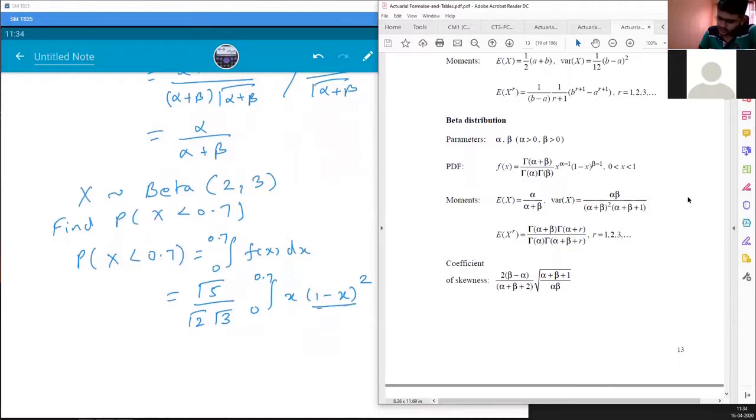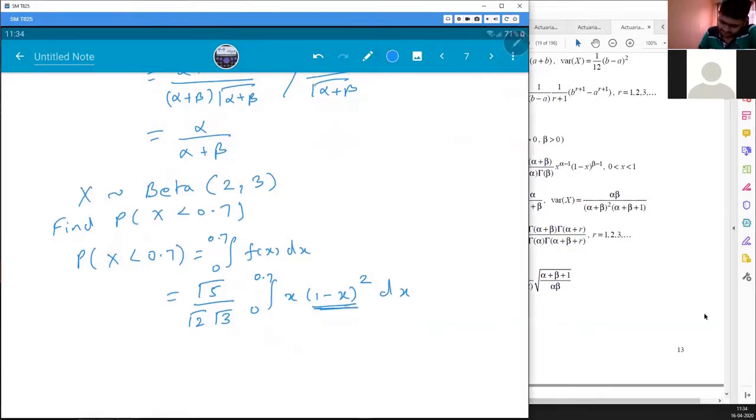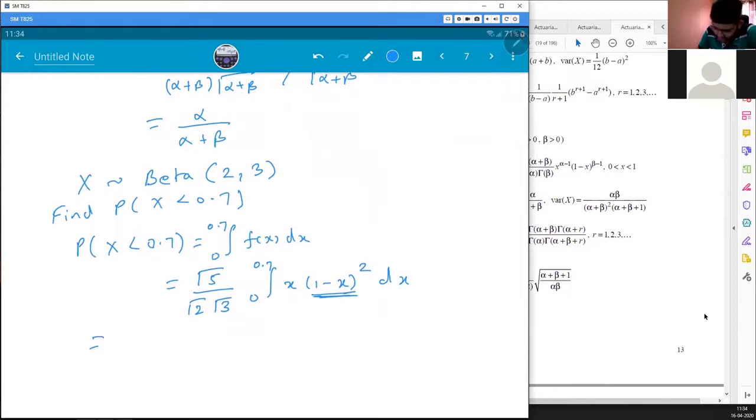So if I just solve this bracket, it will become a little bit easier. So first of all, gamma 5 will be nothing but 4 factorial upon, gamma 2 becomes 1 factorial, and gamma 3 becomes 2 factorial.